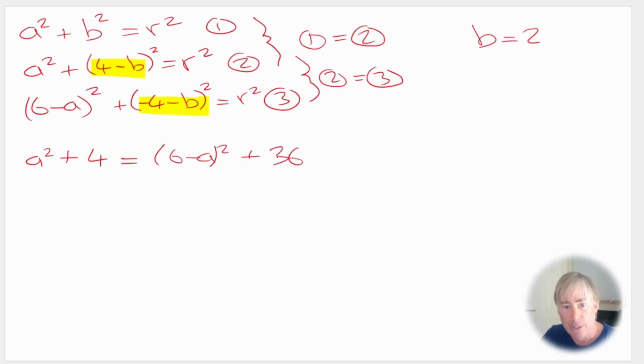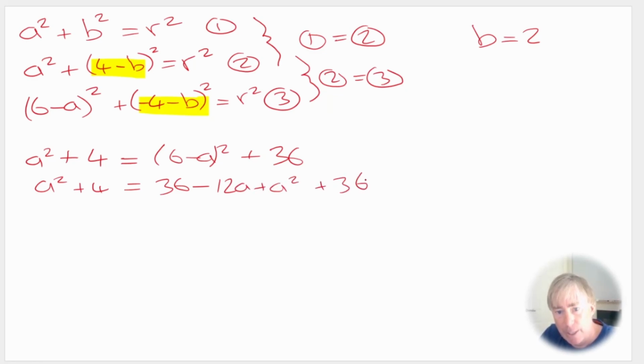Okay, so we're going to expand out our (6 − a)² on the right hand side. We get 36 − 12a + a² + 36. Conveniently our a² terms disappear once again, and we're going to get 72 on this side.